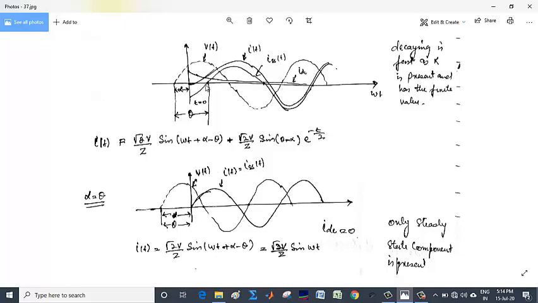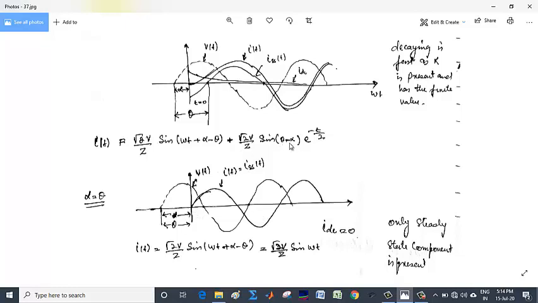In the earlier case, the value of the current was negative, and to make it 0, a positive current of equal magnitude was drawn so that the net current would be 0. Here the current is already 0, so it will not draw any DC current from the system. From this explanation also, the DC decaying component will be 0, and the voltage and current waveforms will be like this. So you can put it here.